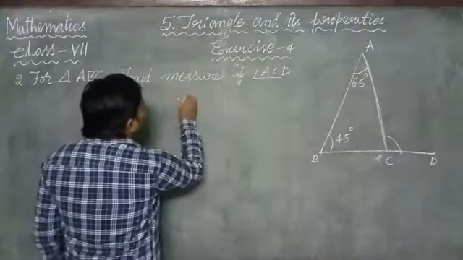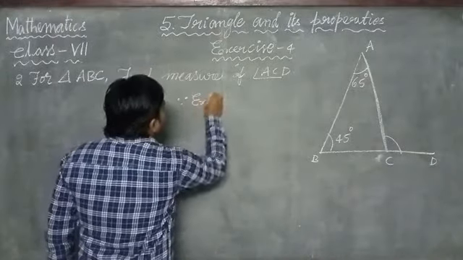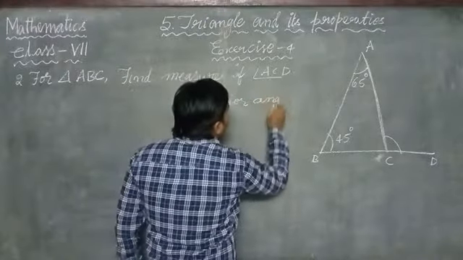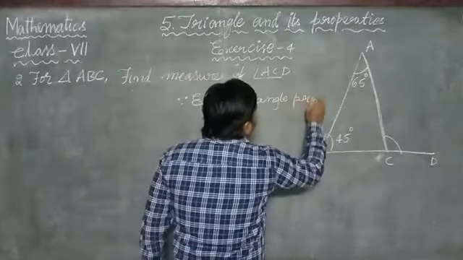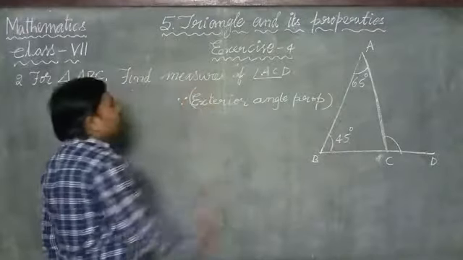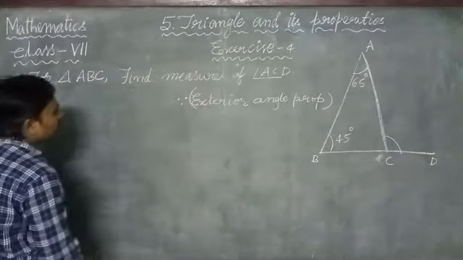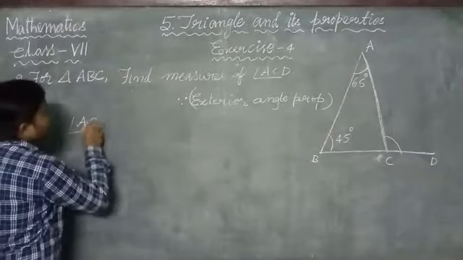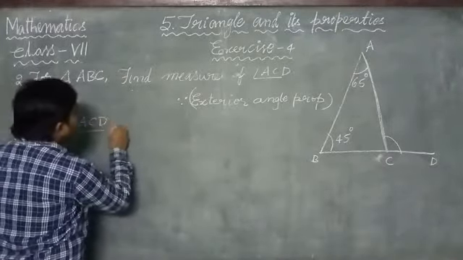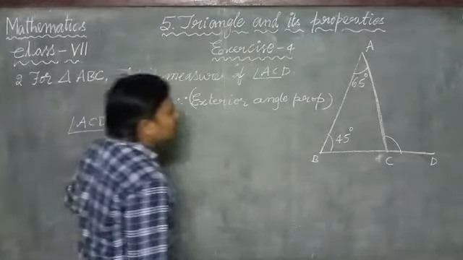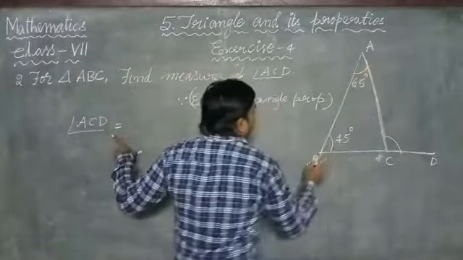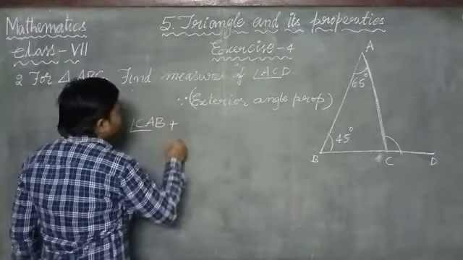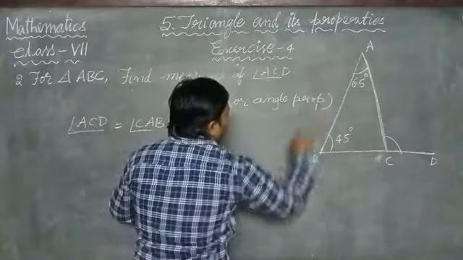From the exterior angle property of a triangle, we can write angle ACD is equal to angle CAB plus angle ABC.